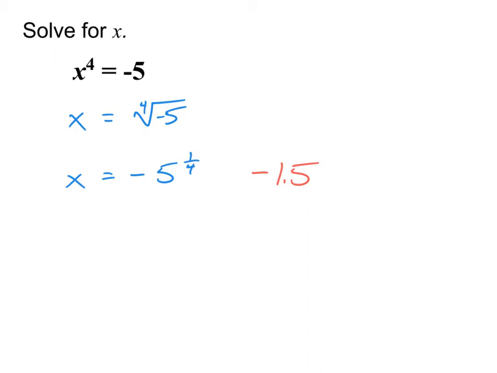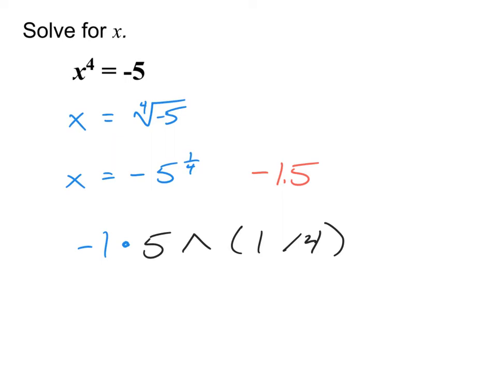Because when you actually type something like this into your calculator, you're going to be typing in negative 5 to the power of parentheses 1/4, because you're remembering the parentheses around your exponent, right? But what it's actually seeing when you type something like this in is it's not actually seeing negative 5. It's actually seeing negative 1 times 5 when you do that.